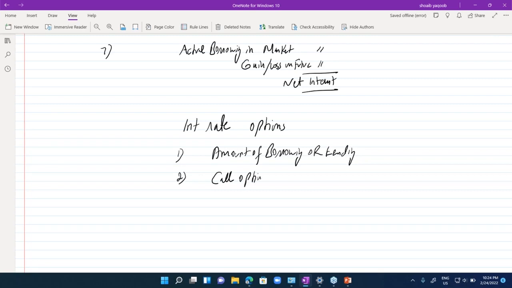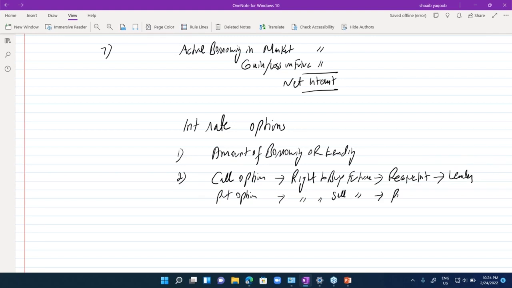Call means right to buy future. It's on the future contract, right to buy future. And when you buy future, you receive interest, which means lender. Put option means right to sell future, when you pay interest. And when you pay interest, you are a borrower.